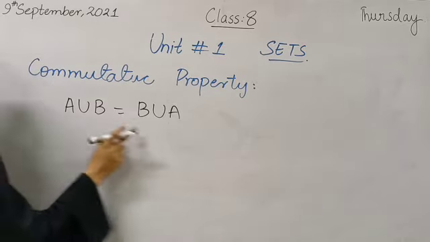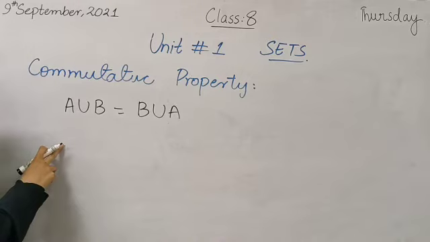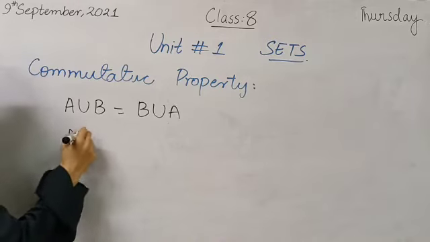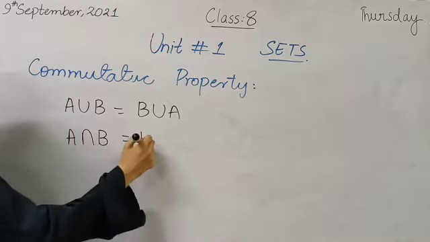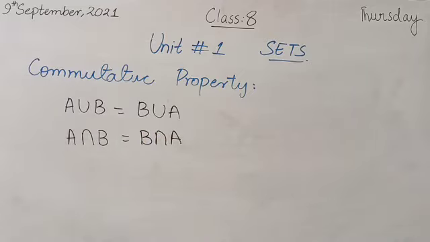This is the commutative property with respect to union. And with respect to intersection, A intersection B is equal to B intersection A. There is no difference whether we take intersection of A with B or B with A. And we have only two sets in commutative property.